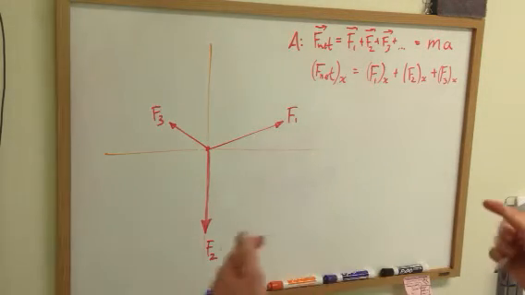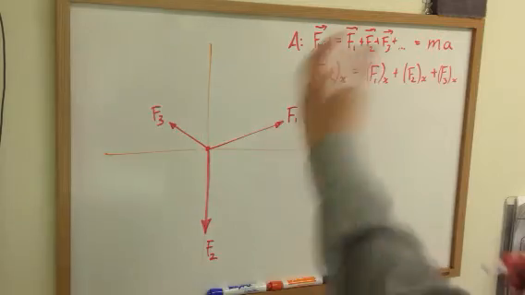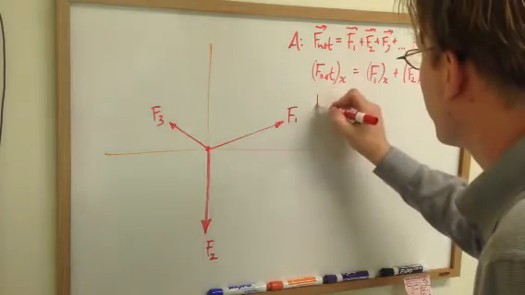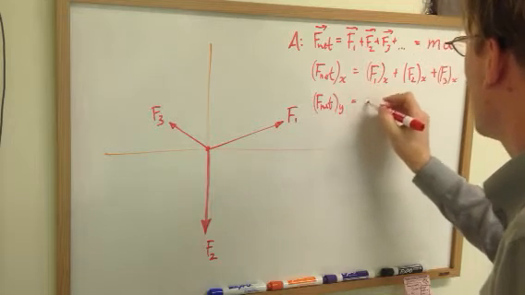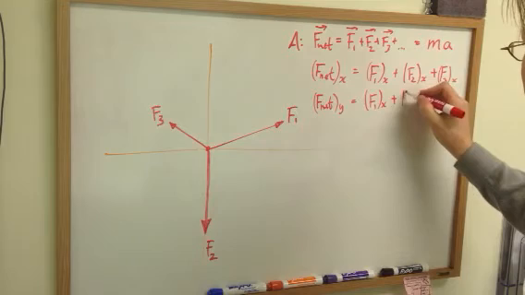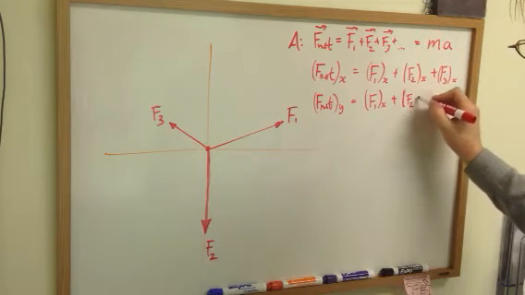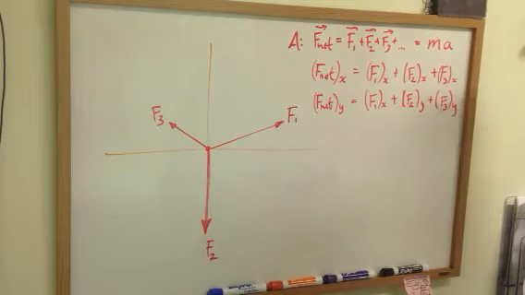So the vectors add up horizontally and they add up vertically. The only thing left is to calculate what all of these components are.